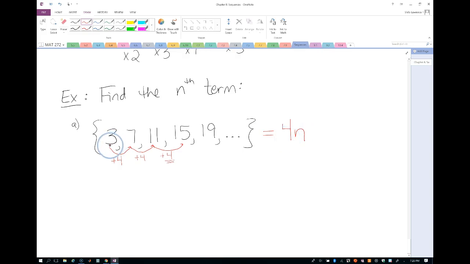Our first term is 3. So it looks like maybe this whole 4n sequence was just adjusted down 1 unit. And then let's see if that one works. If we plug in 1, we'd get 3. If we plug in 2, we'd get 7. Plug in 3, we'd get 11. So that's it. That's perfect. 4n minus 1.